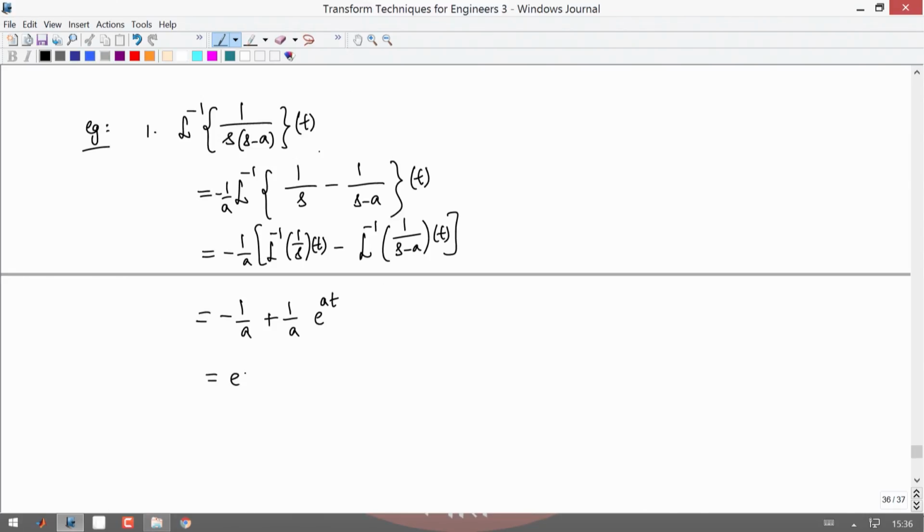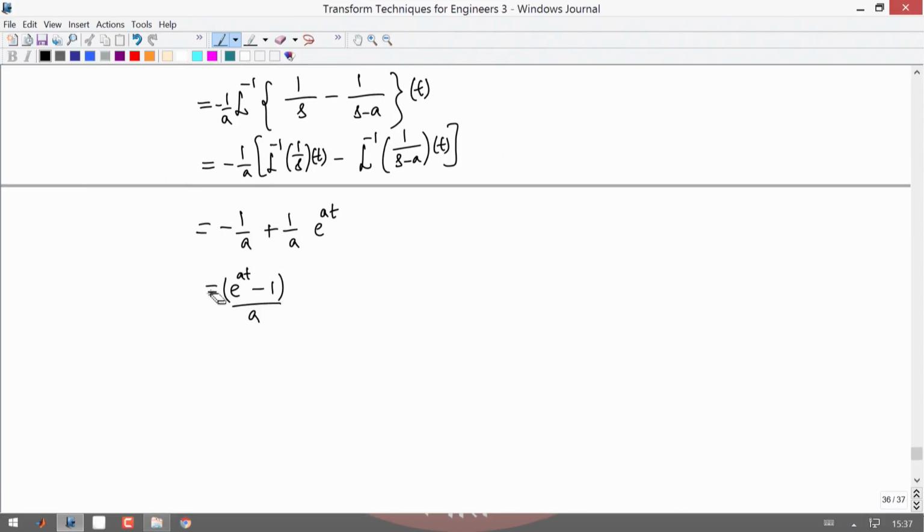So this is nothing but e power a t minus 1 over a is its inverse. Okay. So this is the inversion of 1 by s times s minus a as a function of t. This is what it is.